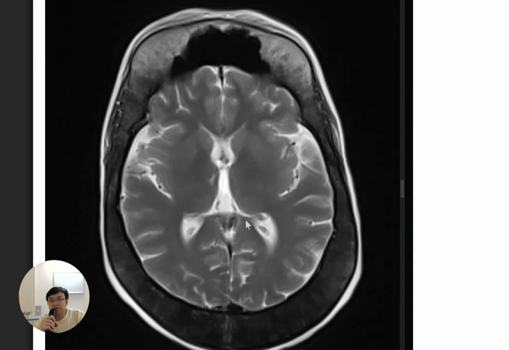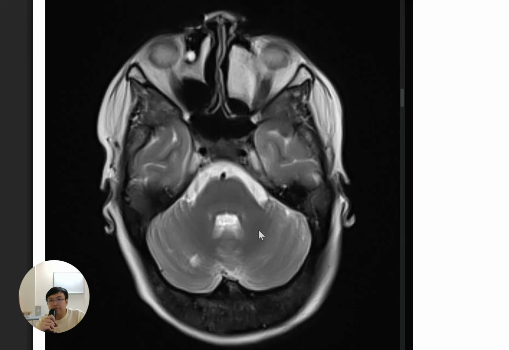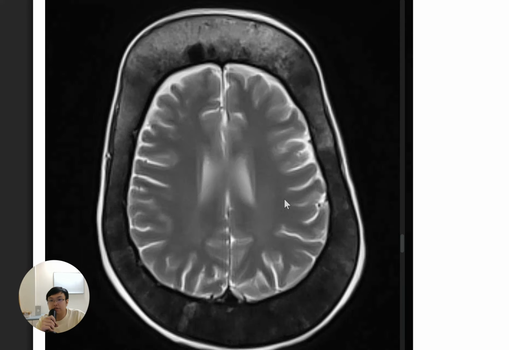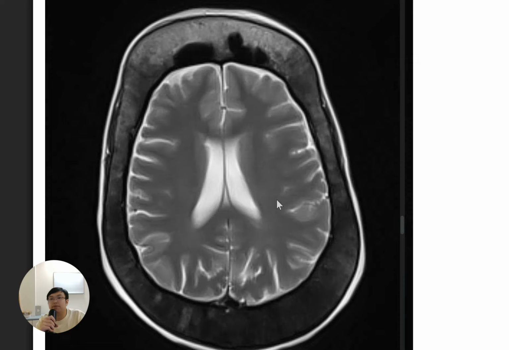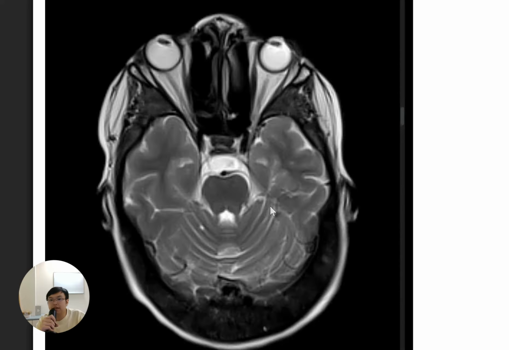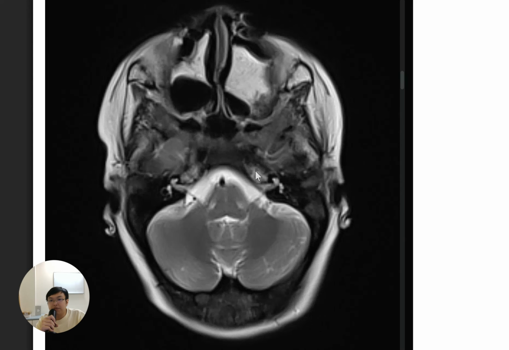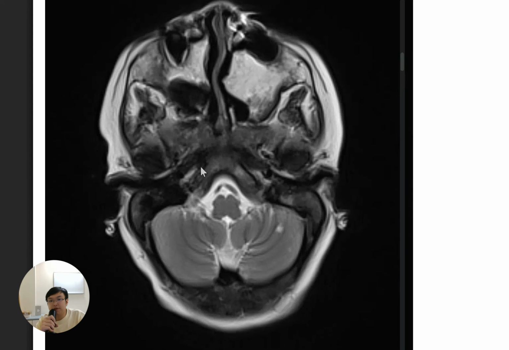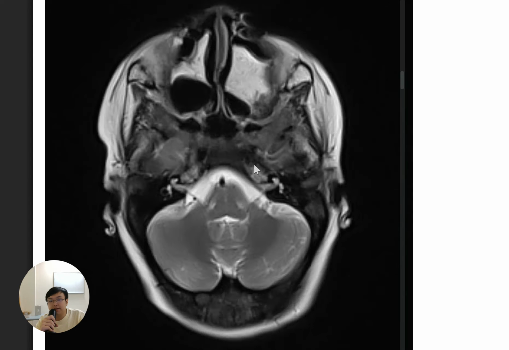So back to the brain, is there any abnormality? Apart from maybe some chronic lacunar infarct, we did not really see much abnormality here. But mind you, as we have mentioned, the skull base involvement may compromise the vessels.